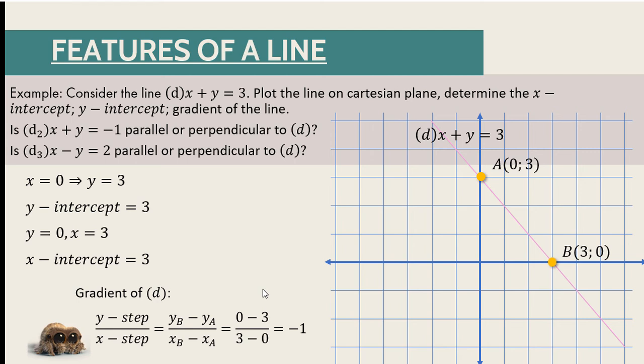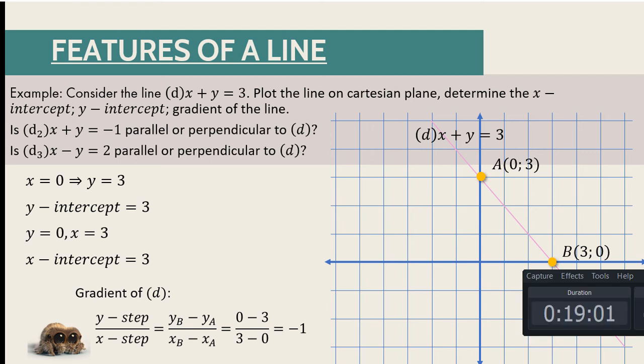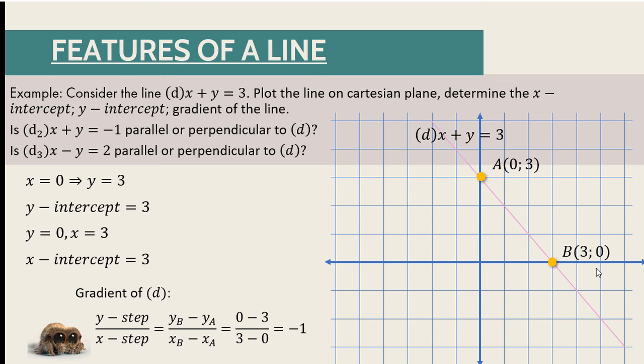Okay, continue with the gradient of the line D. It is y step divided by x step, and it should be yb minus ya divided by xb minus xa.